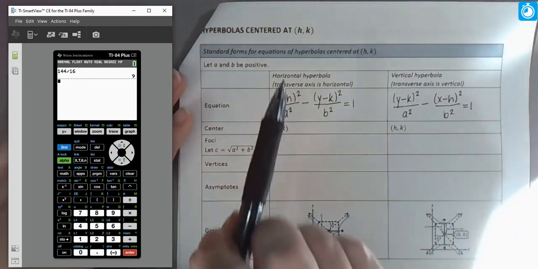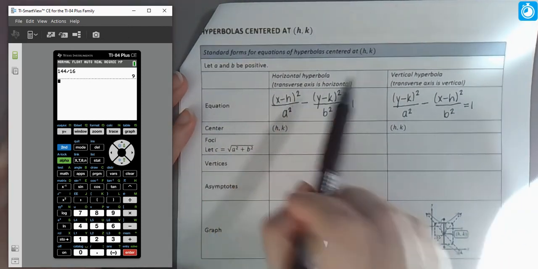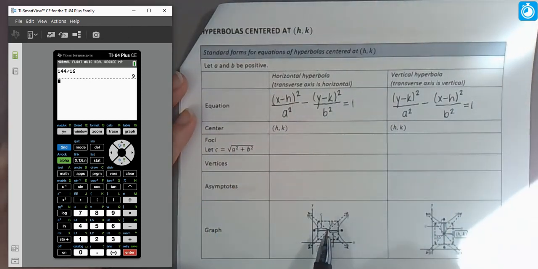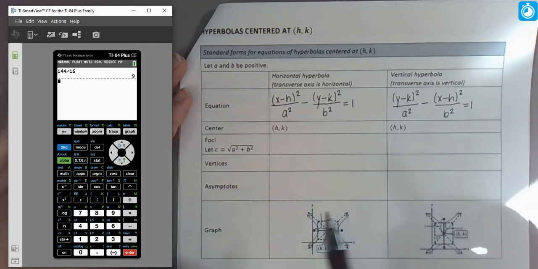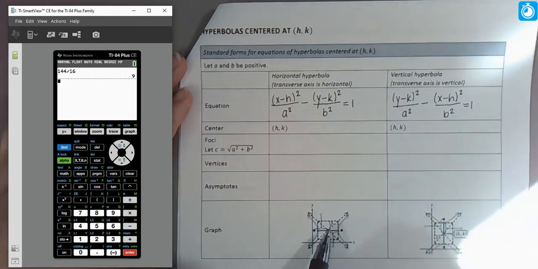So again, let's think about what this would look like. So if we have a horizontal hyperbola, we've got a new center at h comma k, wherever that happens to be. The focus is going to be C units to the right and to the left of our center. Okay, so we're keeping the y value constant, and we're just adjusting the x value by C units in either direction.